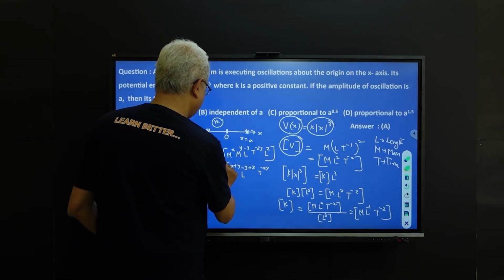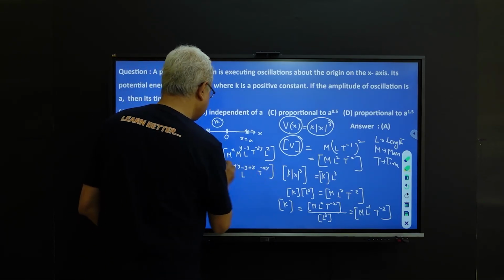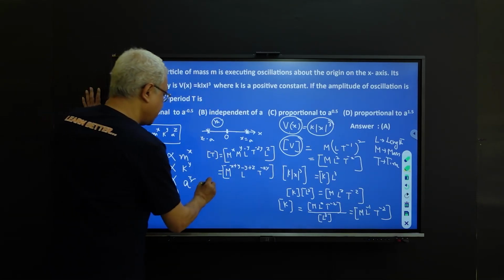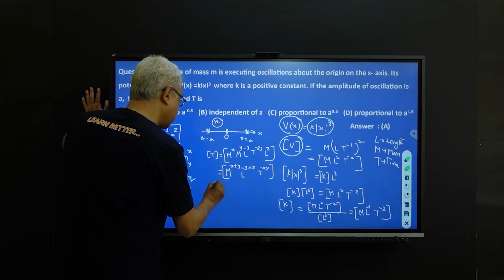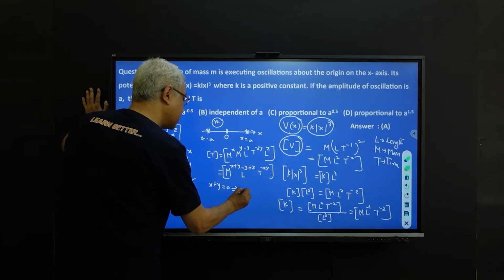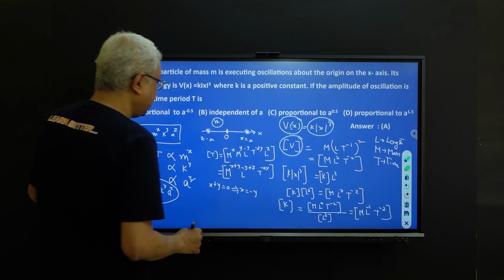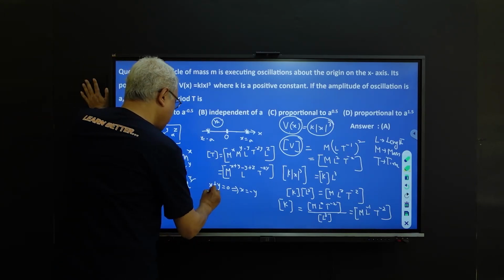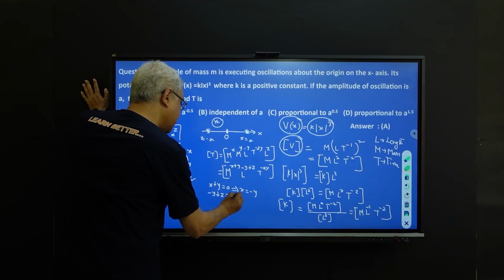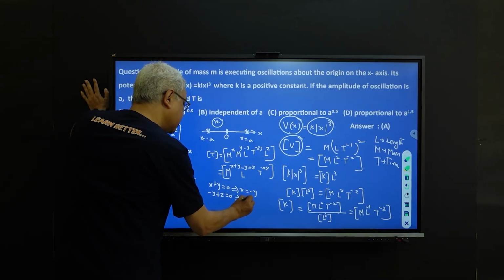So, since there is no M on this side, I can write easily x plus y must be equal to 0, implying x equal to minus y. There is no L on the left hand side, so minus y plus z equal to 0, implying y equal to z.